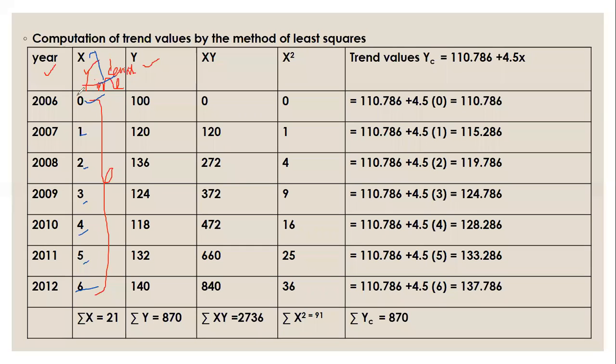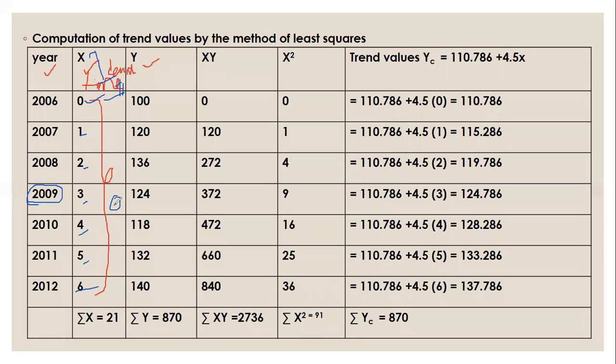Okay, there is another way. The second way of assuming the value is we start with 0 for the middle of the distribution. Here you have 7 values: 2006, 7, 8, 9, 10, 11, 12. Out of these 7 values, 2009 is the central year.